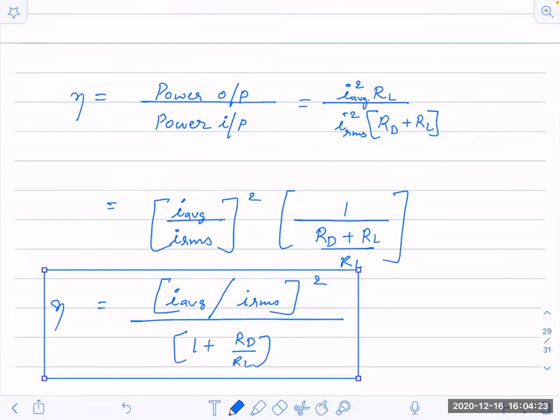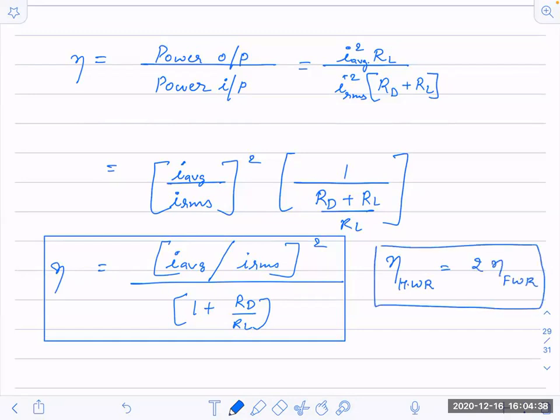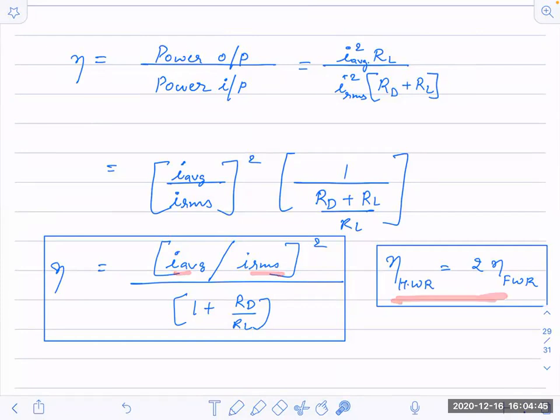But for you the questions won't come from this part. What you have to just remember is that the efficiency of a full wave rectifier is just twice the efficiency of a half wave rectifier. When you substitute the values for the full wave and half wave rectifiers, you'll get this result.